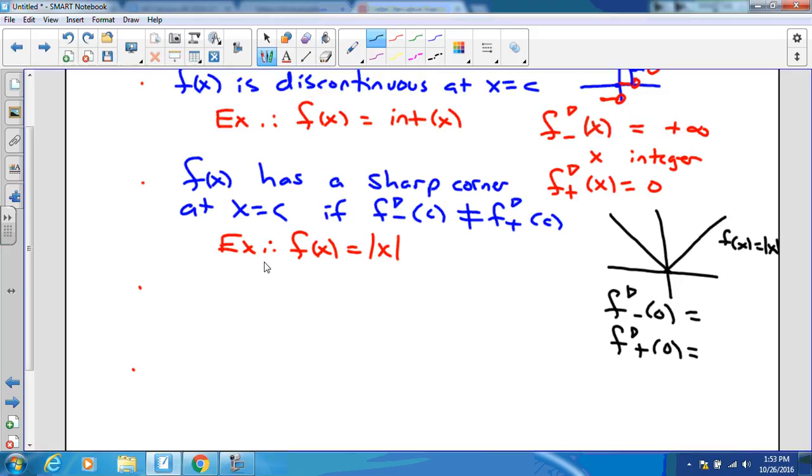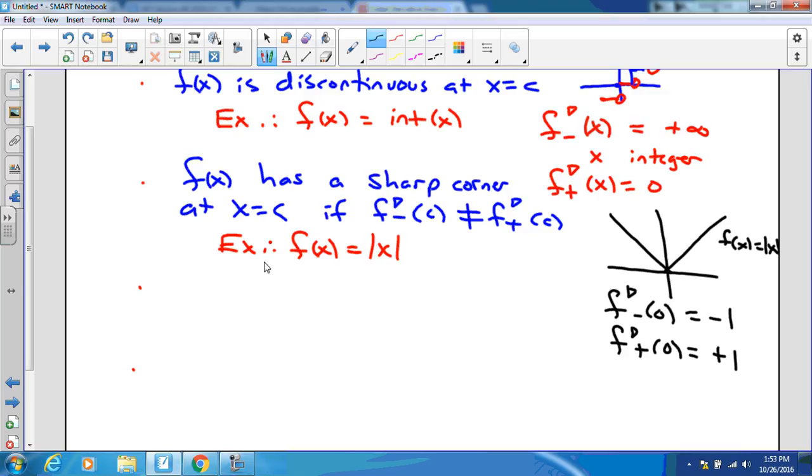What is the derivative from the left? Negative how much? Negative 1, that's right. And from the right, positive 1. The fact that I have two different values here immediately tells me that the function has a sharp corner.